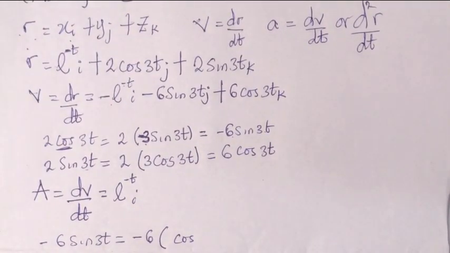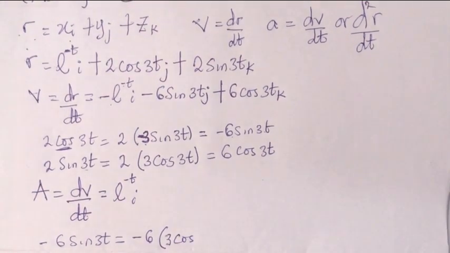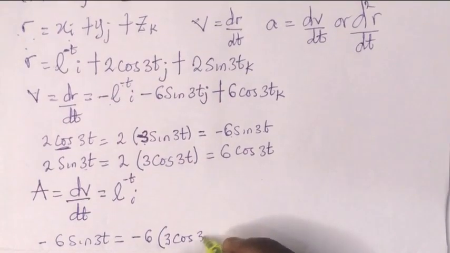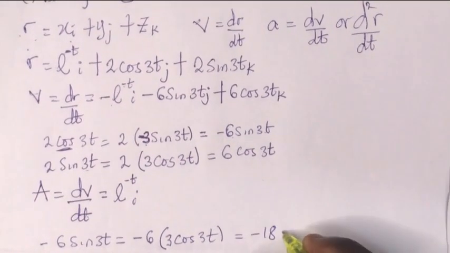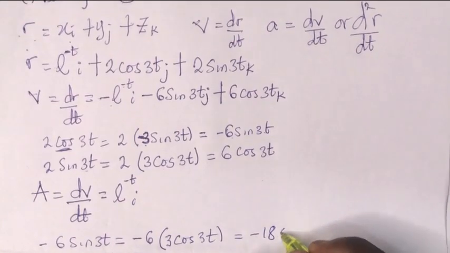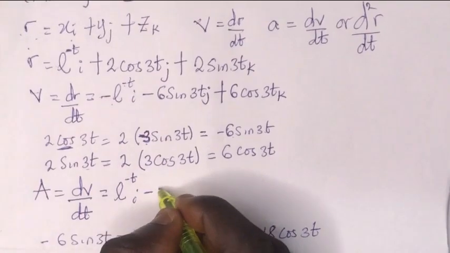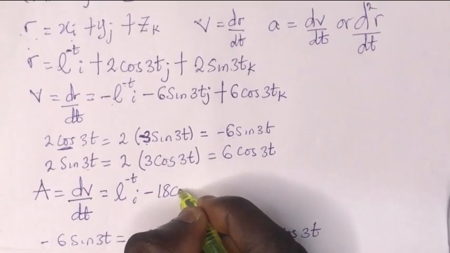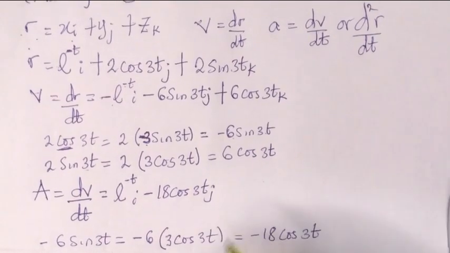Differentiate 3t, you are going to have 3. Are you seeing that now? Then your 3t back. So this will become minus 18 cos 3t. So this place is minus 18 cos 3t j.